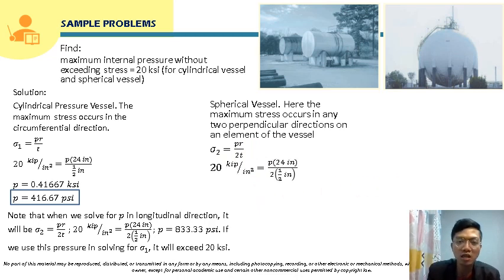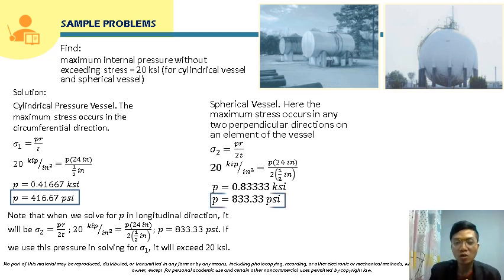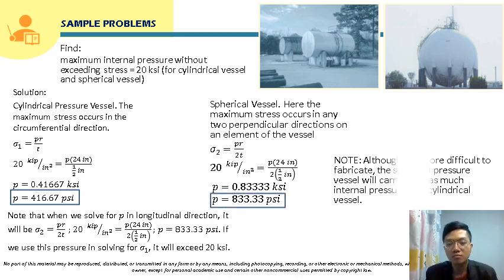Substituting the allowable stress, which is 20 kips per square inch, equal to P times the given inner radius of 24 inches over 2 times the thickness of 1/2 inch, the pressure here will be 0.83333 ksi or 833.33 psi. So this will now be the answer for this.